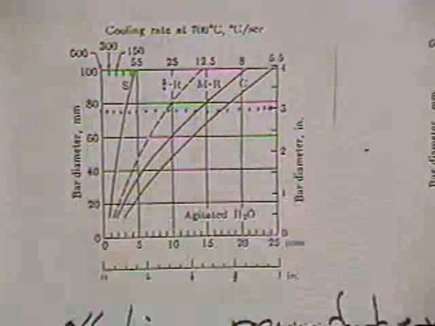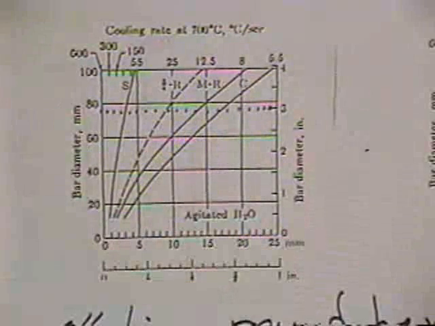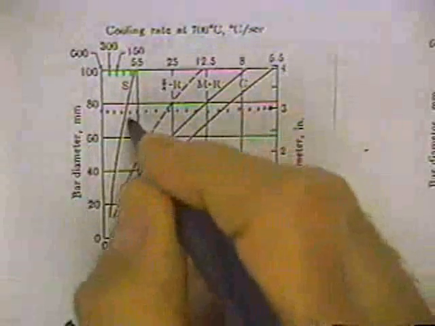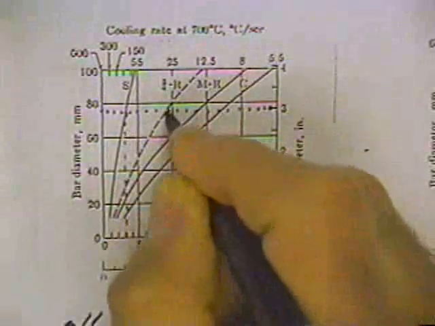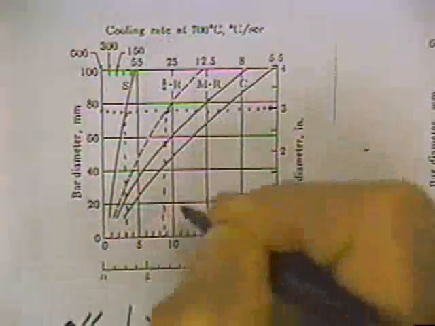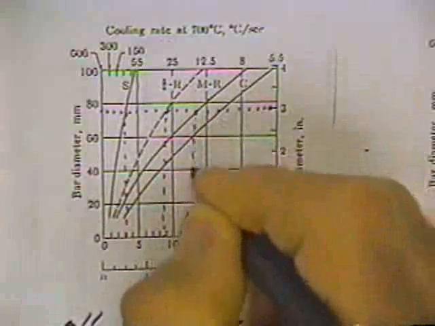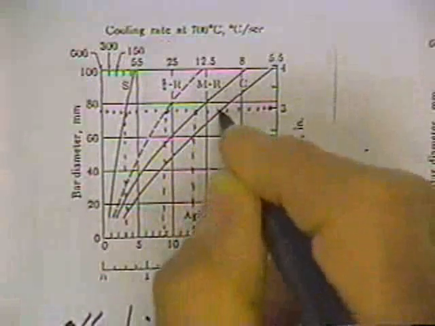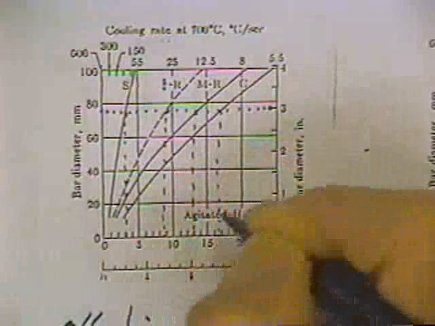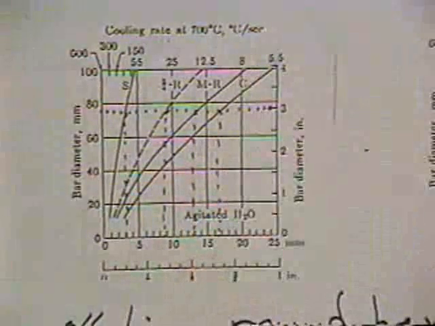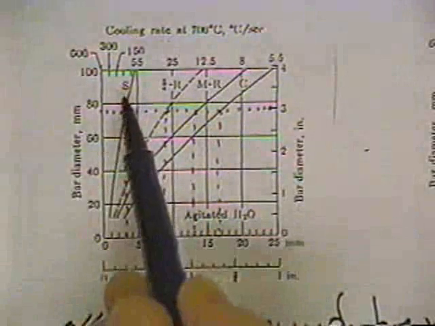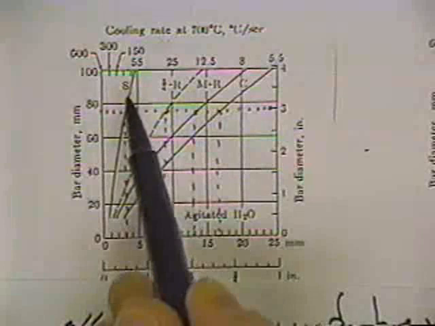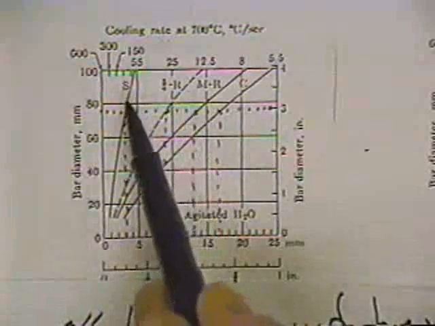we draw a line across there, and where that intersects these curves, we can drop perpendiculars down to the axis, or if you want to, you can go up to the cooling rates that are up there. And what this tells us now, this is the temperature at the surface, the hardness at the surface, cooling rate at the surface.